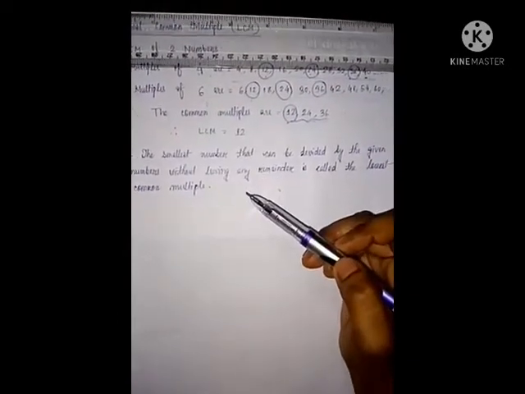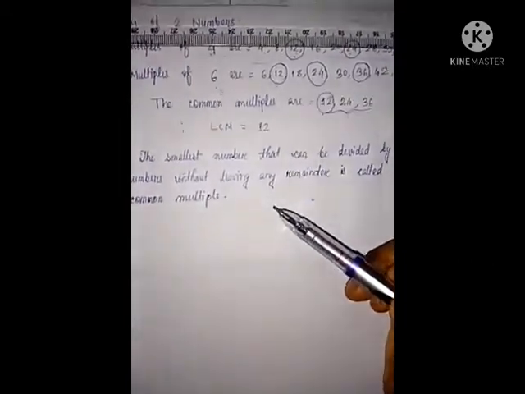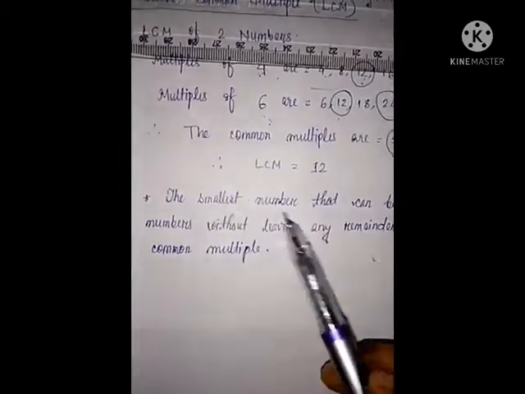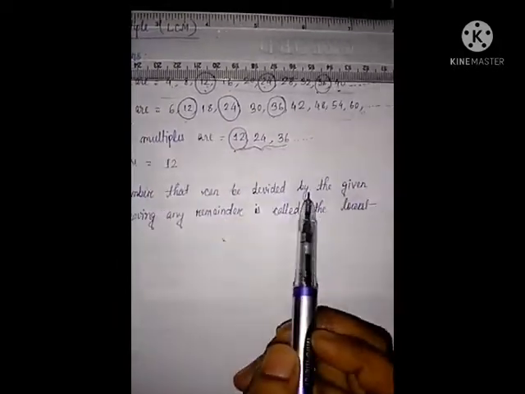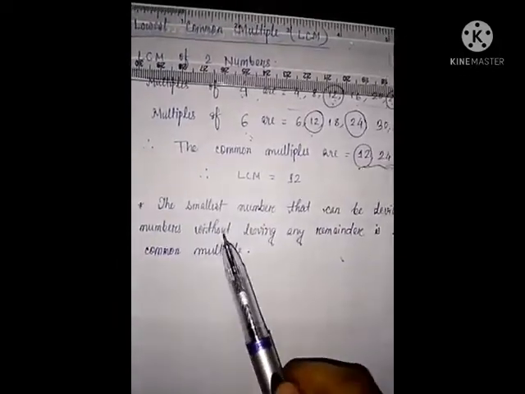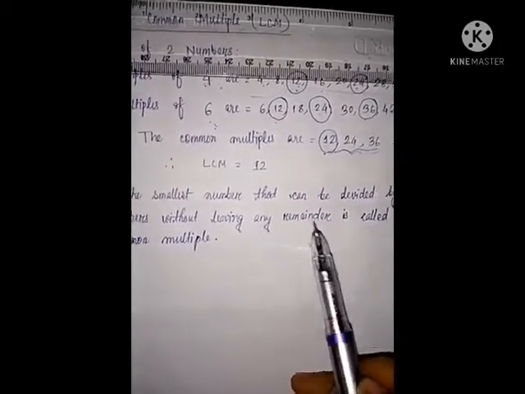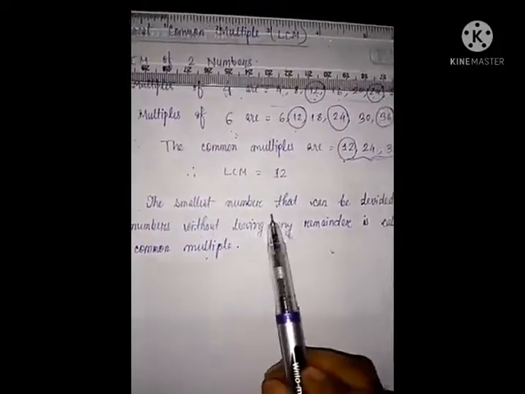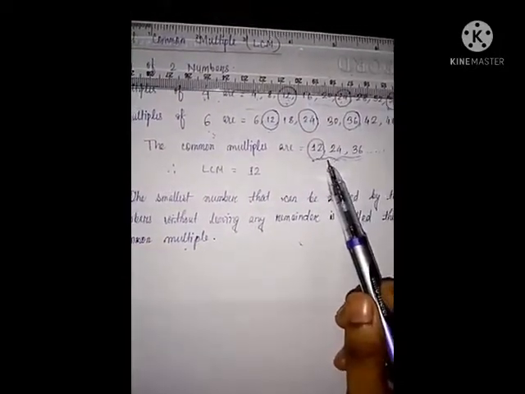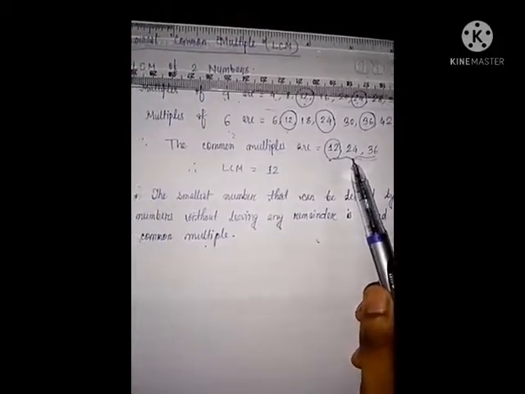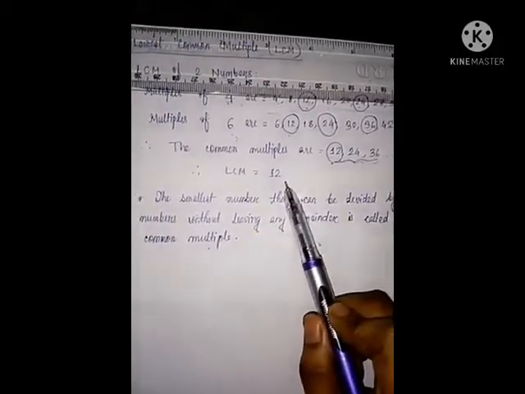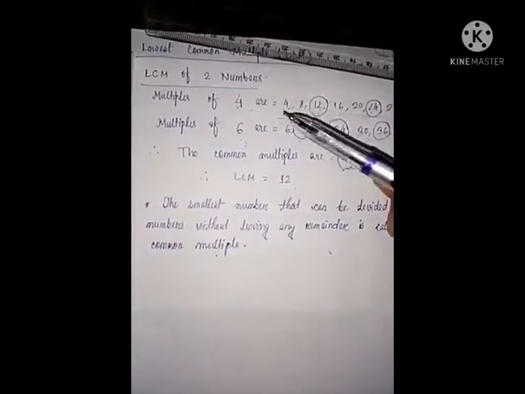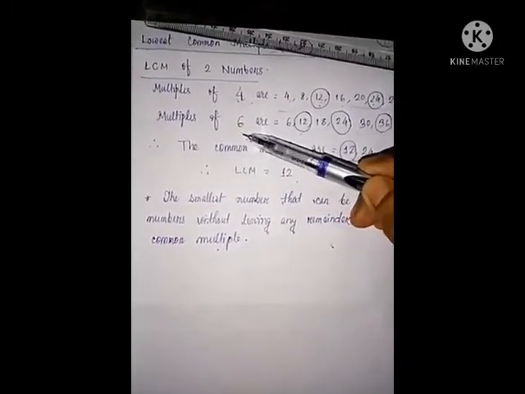Okay, see, this is the definition of lowest common multiple. The smallest number that can be divided by the given numbers without leaving any remainder is called the lowest common multiple. See, we have got the smallest number which can be divided by both the numbers, both 4 and 6.